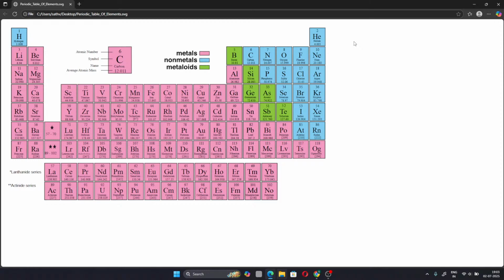The 17th group is fluorine, chlorine, bromine, iodine, and astatine, which are all non-metals, all halogens, and all highly reactive. We studied mostly the first four: fluorine, chlorine, bromine, and iodine. Now for the 18th group, the noble gases, we will study helium, neon, argon, krypton, xenon, and radon.